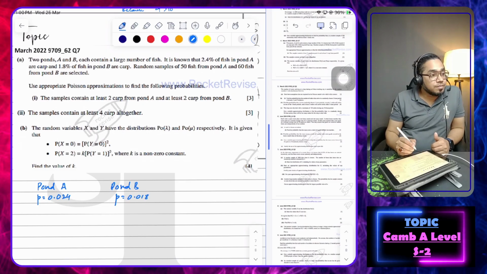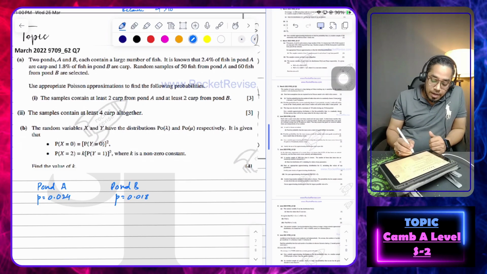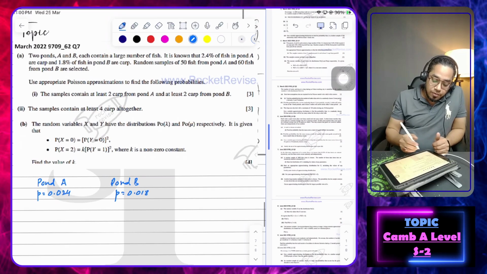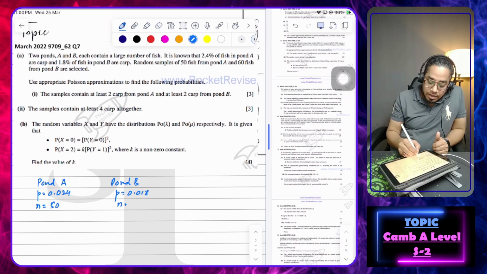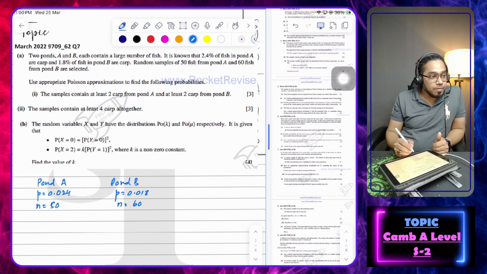Is that clear? And we have 50 fish, so n is exactly 50 for pond A and n is exactly 60 for pond B. Okay.